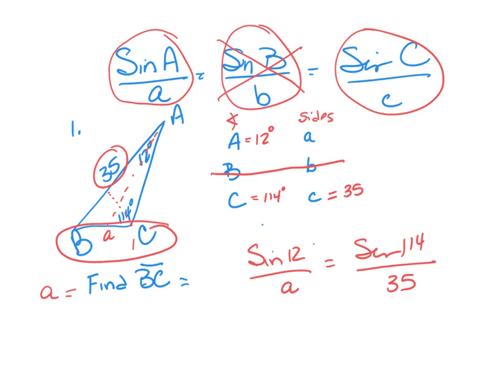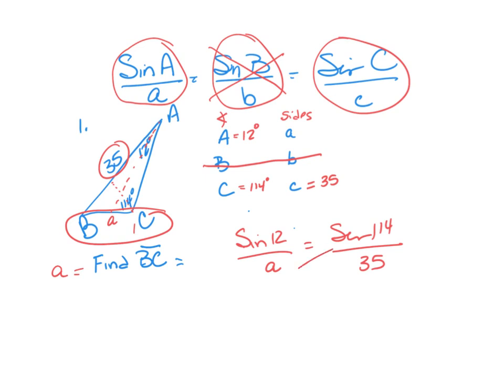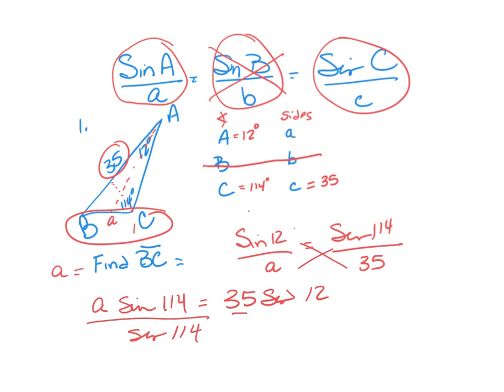When I have two fractions equal to each other, the way to solve them is to cross multiply. And we have a sine of 114 equals 35 sine of 12. To leave the a alone, we divide by sine of 114. And we get little a by putting this in the calculator and dividing it by that.